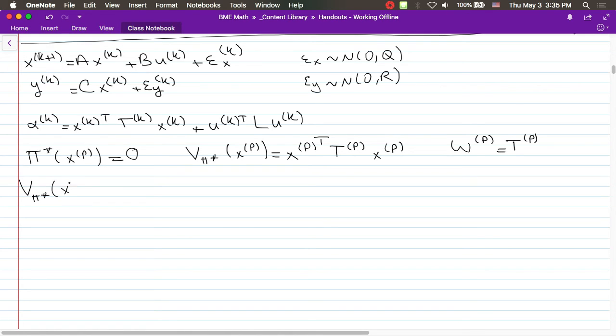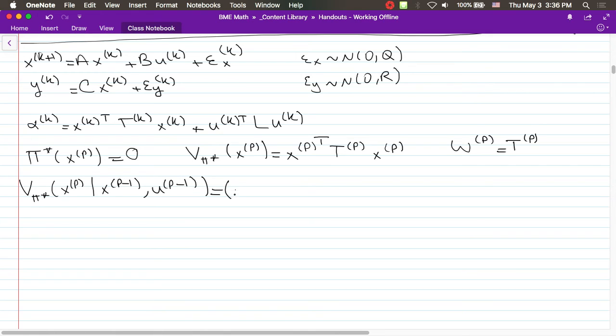Okay, so the next step is to say, what's the value of the state that we're going to go to at time point P, given that we're at time point P minus 1 and produce action U? Well, that value is given to us here. And so what's the x that we're going to go to, given that we're at p minus 1 and produce action u?